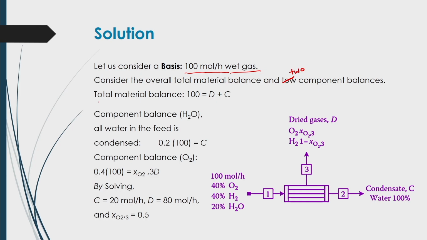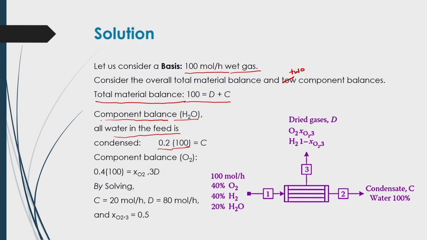First of all you have to do the total material balance: 100 will be equal to D plus C, because this is input, these are output. And for the component balance for water, all water in the feed is condensed.